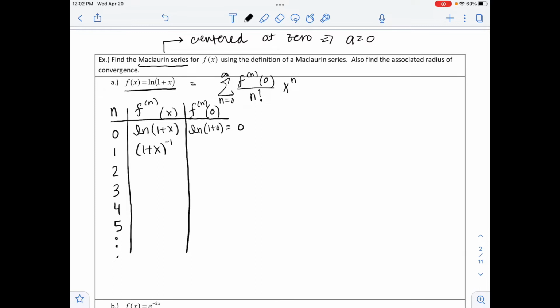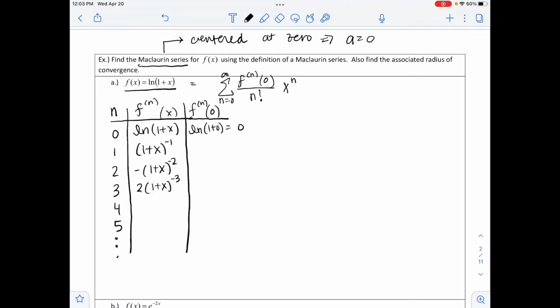And so for the second derivative, I need to use the chain rule. And so negative 1 out in front, and then we end up with 1 plus x to the negative second times the derivative of the inside, which is just 1. And then likewise, continuing this process, we have negative 2 times negative 1 out in front would be positive 2 times 1 plus x to the negative third times the derivative of the inside, which is just 1.